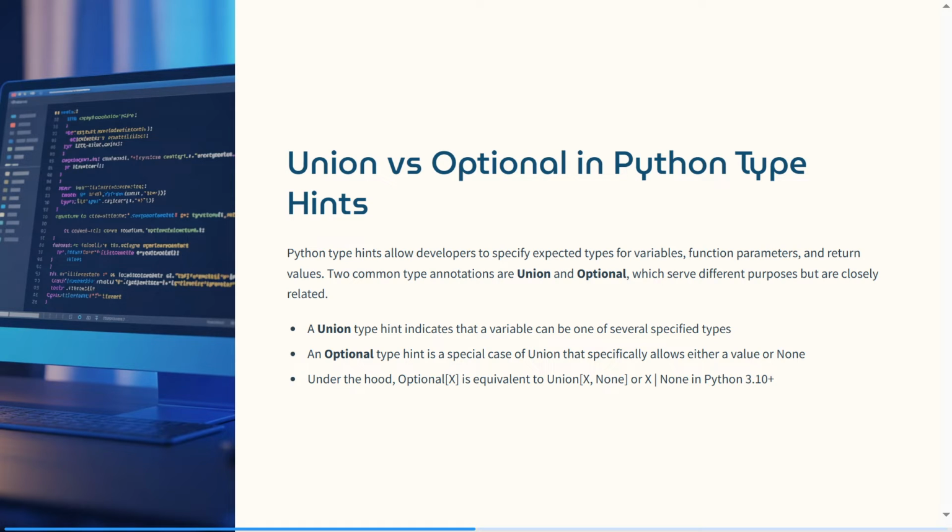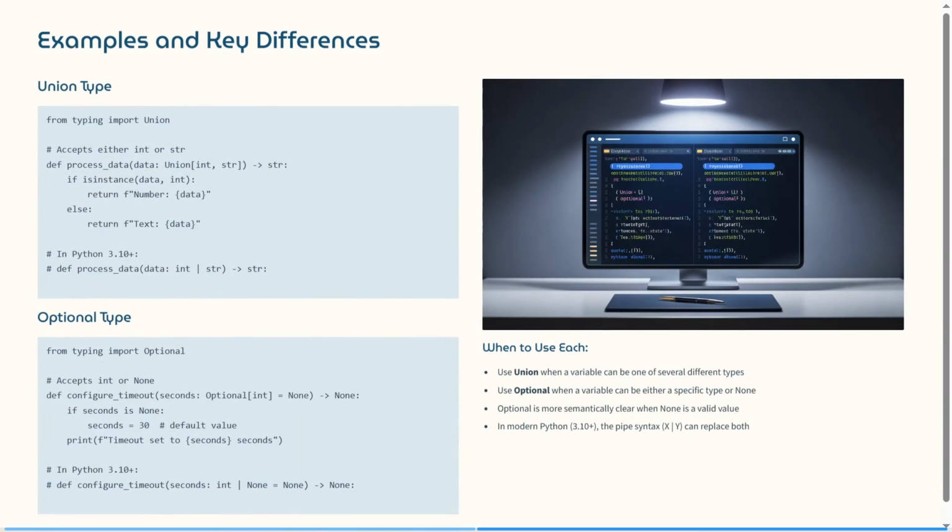Under the hood, Optional[X] is equivalent to Union[X, None], or X | None in Python 3.10+. So we'll quickly look at some code examples that you can solve. You use Union when a variable can be one of several different types, and you use Optional when a variable can be either a specific type or None.